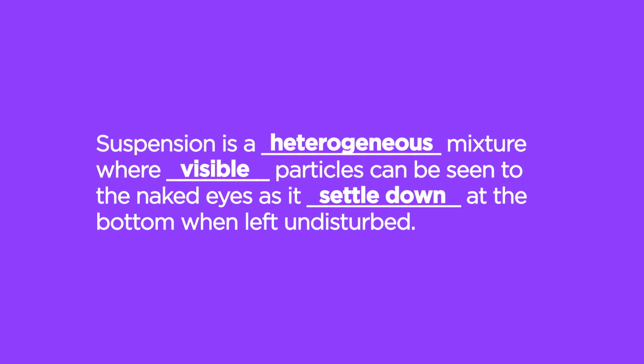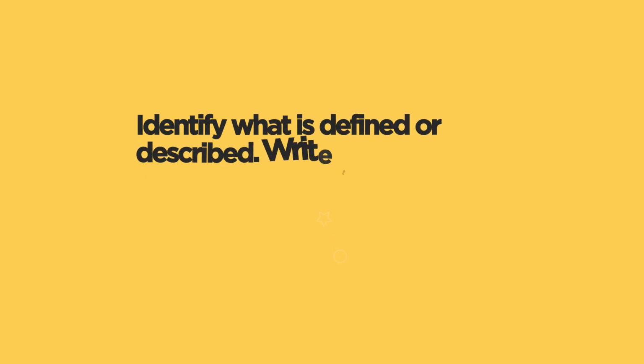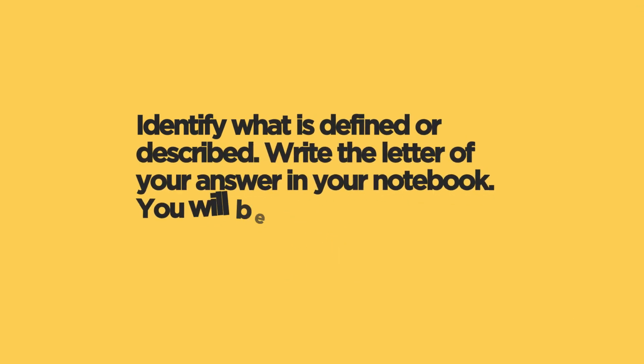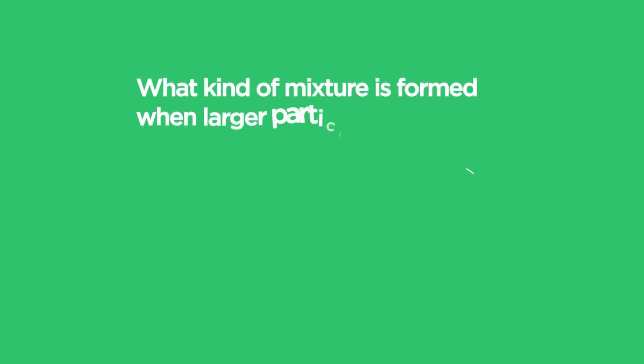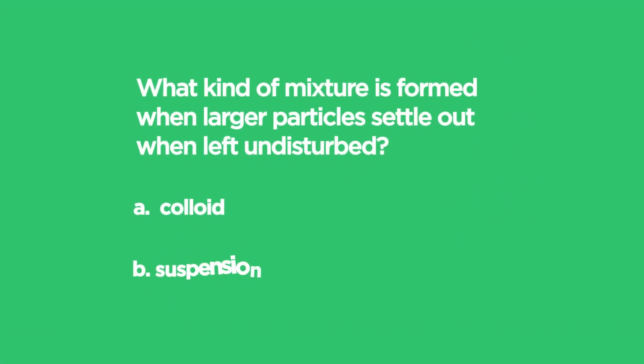Very good! Here's another. Identify what is defined or described. Write the letter of your answer in your notebook. You will be given 10 seconds to answer each item. Number 1. What kind of mixture is formed when larger particles settle out when left undisturbed? A. Colloid.